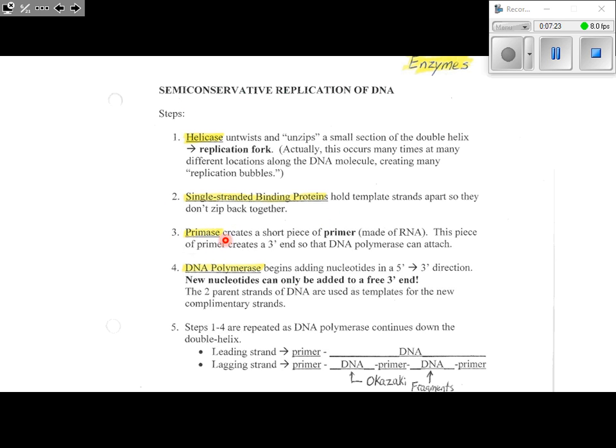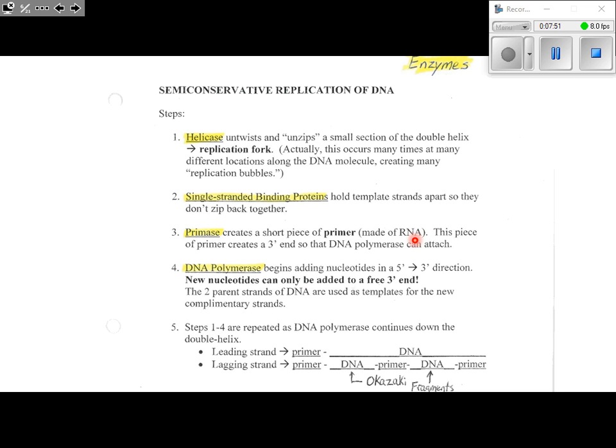The third step is an enzyme called primase. It's called primase because its job is to create a molecule called primer. Primase is the enzyme that makes primer. What is primer? Primer is a small single-stranded stretch of RNA.